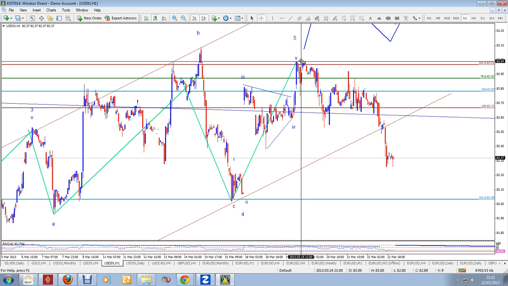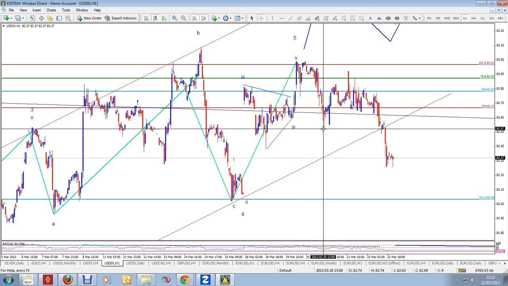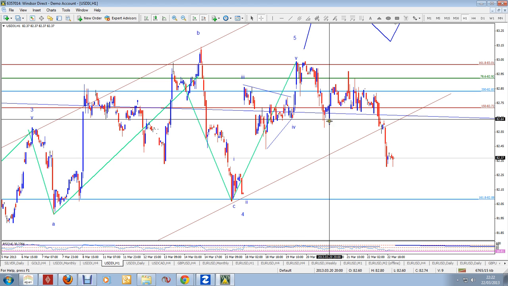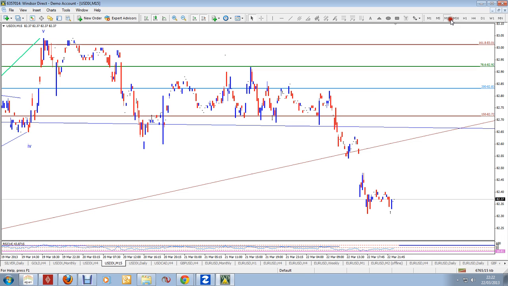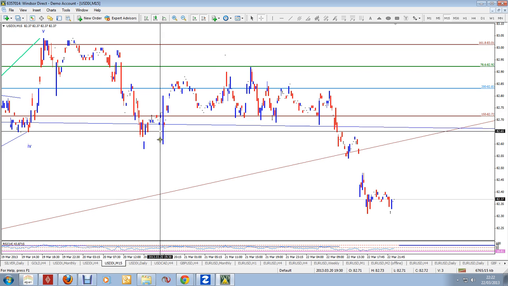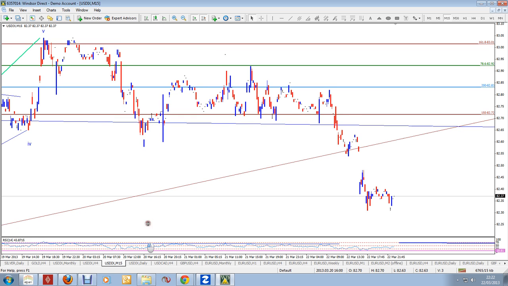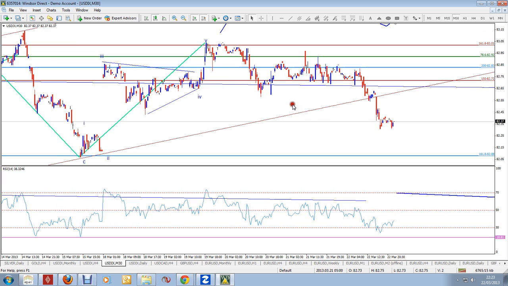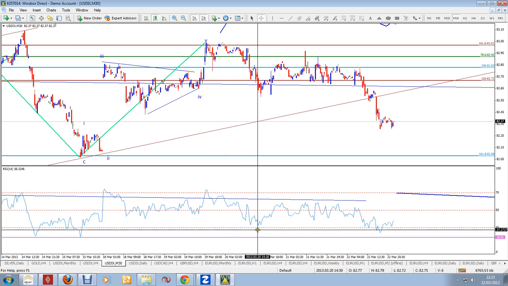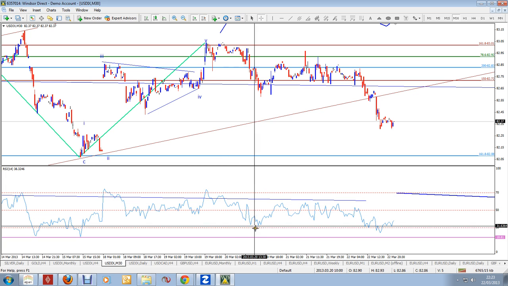So if we say this is 1, this is 2, this is 3, retracement 4, and then 5. When you get a bar like this one, it hides something in there and it's difficult to tell. If you look at the RSI, we had a high here, then 1, 2, possibly 3, 4 and 5.